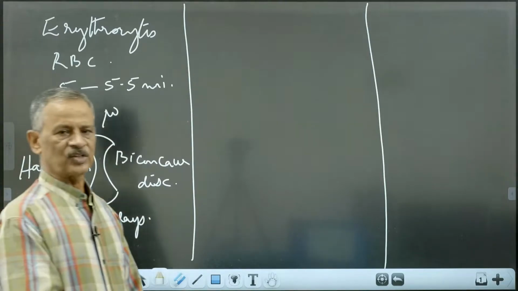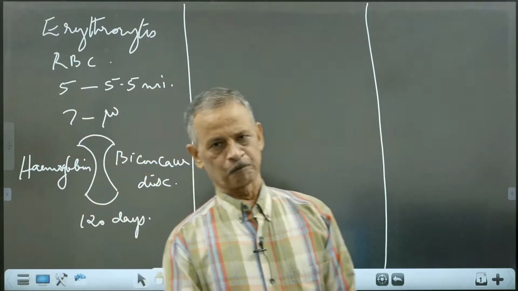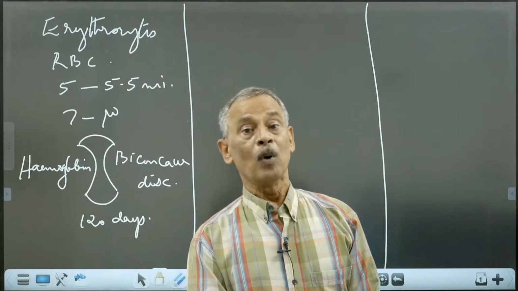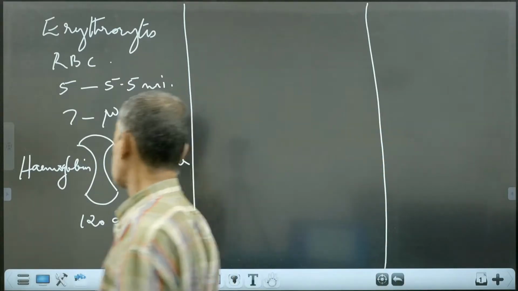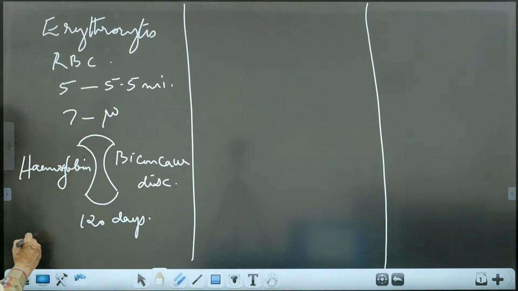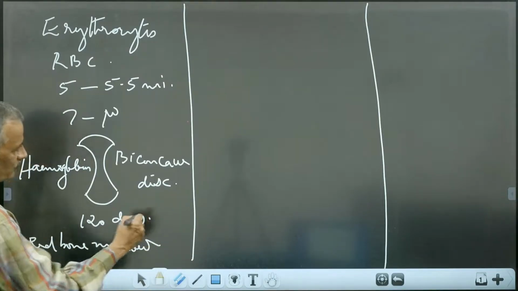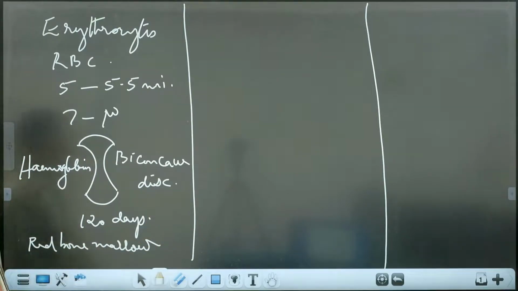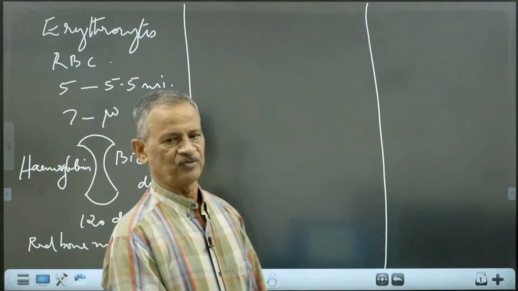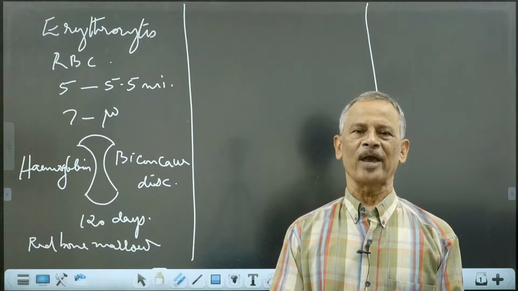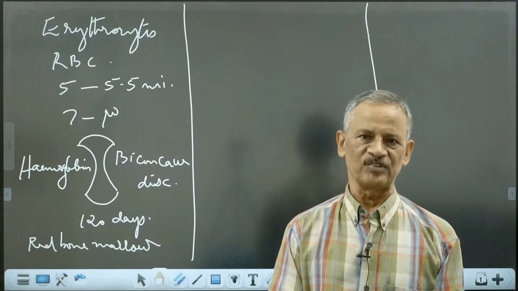All blood cells in adults are produced by the red bone marrow. Red bone marrow, which is present in some of the bones like vertebrae, ribs, skull bones, will be producing the RBCs.